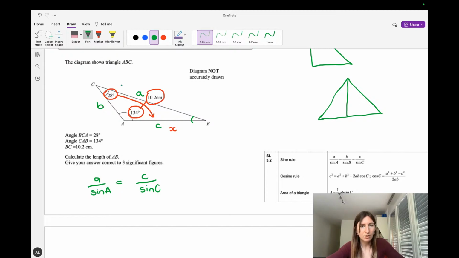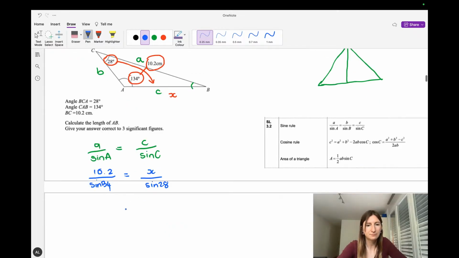So A was 10.2 over sine of 134. And C we called X over sine of 28. So everything is filled in, so we get a mark for substitution, and now we can solve.